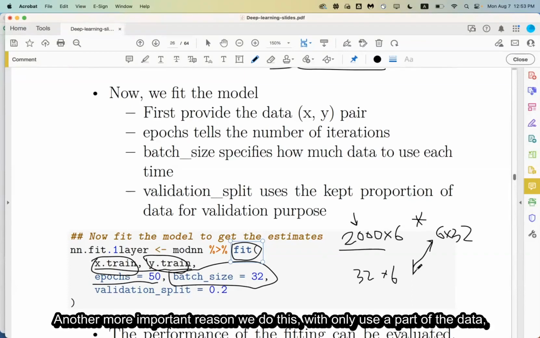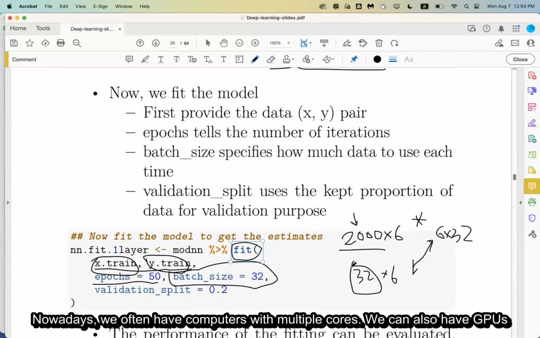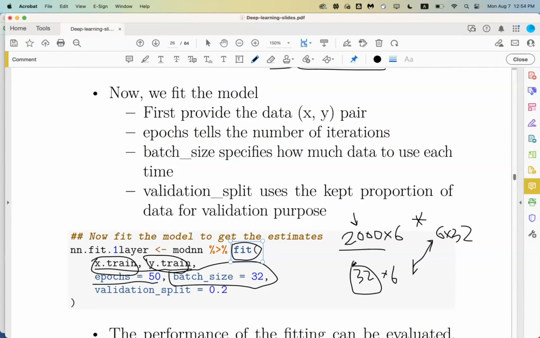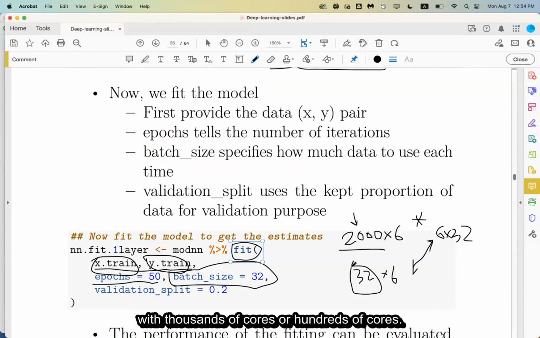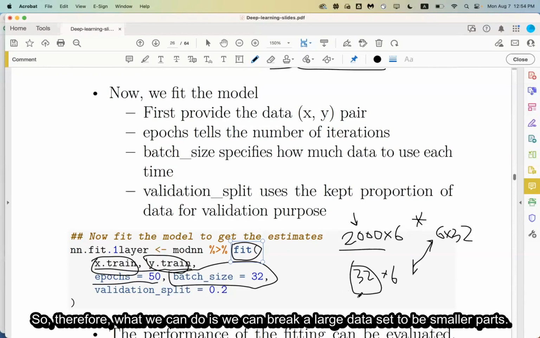Another more important reason we only use a part of the data is that we can do parallelization. Nowadays, we often have computers with multiple cores. We can also have GPUs with thousands of cores or hundreds of cores. Each core can do the calculation independently, separately. So therefore, what we can do is break a large data set into smaller parts.